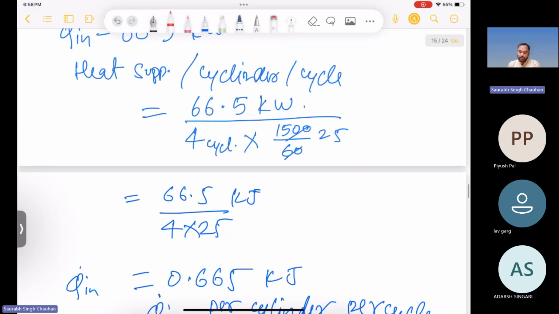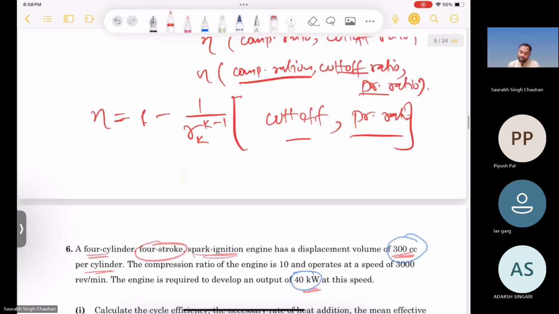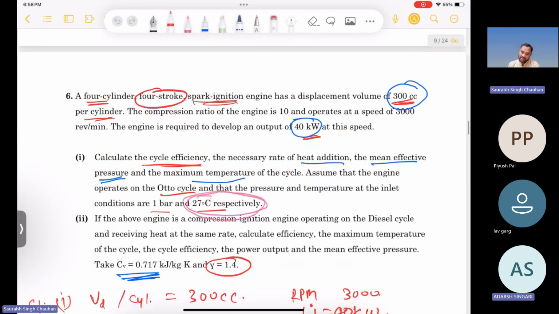For total volume, it is given that the displacement volume is 300 cc.